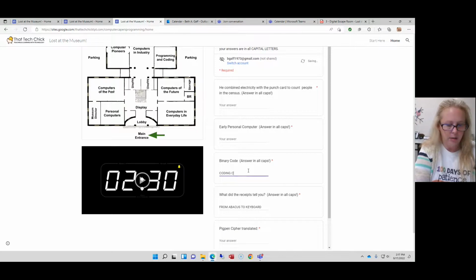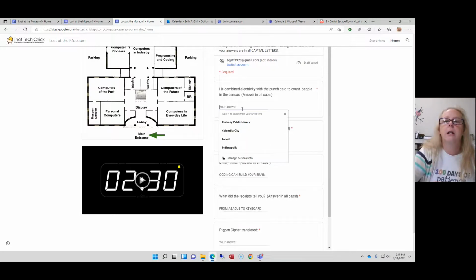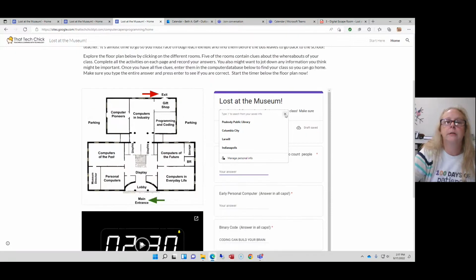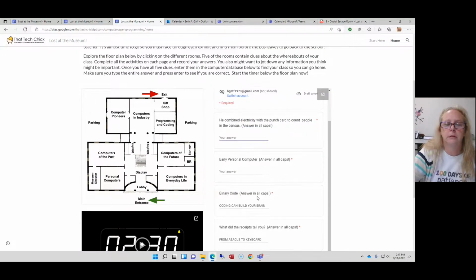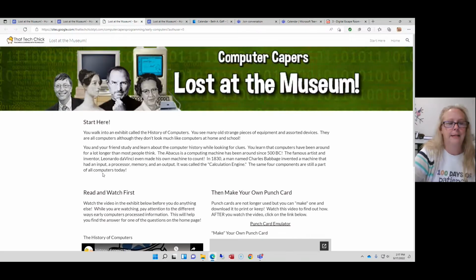Coding can build your brain. Okay, so go this way here. Programming and coding. Okay, computers of the past.